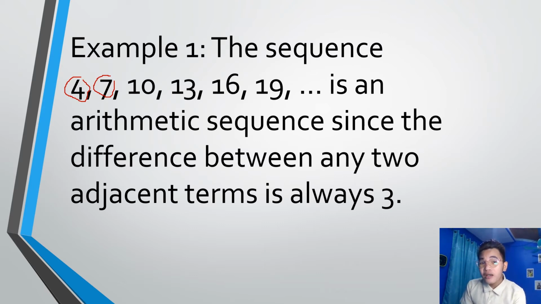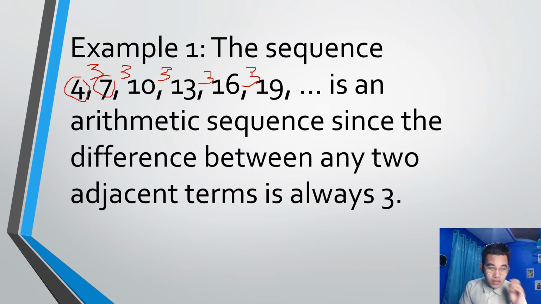So, 4 plus 3, 7. 7 plus 3, 10. 10 plus 3, 13, 16, and 19. So, the common difference, the gap, the constant number, is 3. The gap of each term is 3, 3, 3, 3.